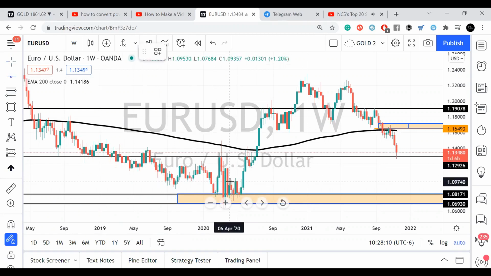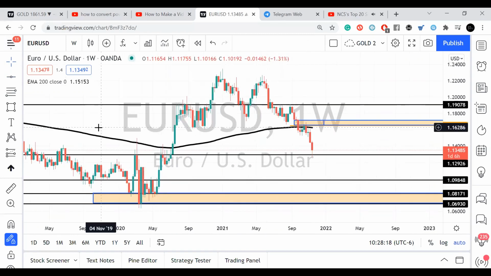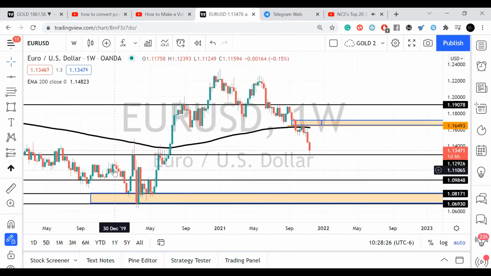I don't know if I'm making sense to you guys. Price started from here, pushed up. No, this one was from here, came down, went up, came here, then price went up here, we had a breakout, then we have this low.